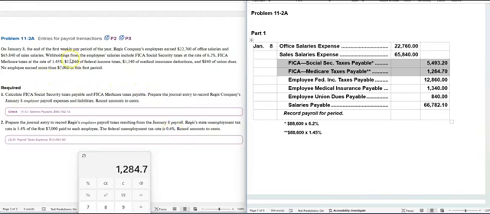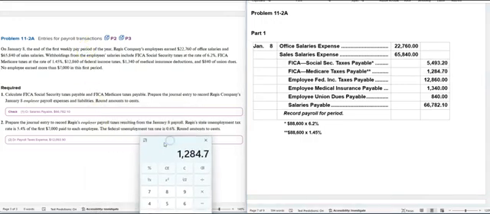So remember, they told us that no employee has exceeded those amounts during this first pay period, so we don't have to worry about any employee exceeding that wage cap. So what we just simply need to do is calculate the unemployment taxes based off of total pay. Remember, total pay was 88.6.